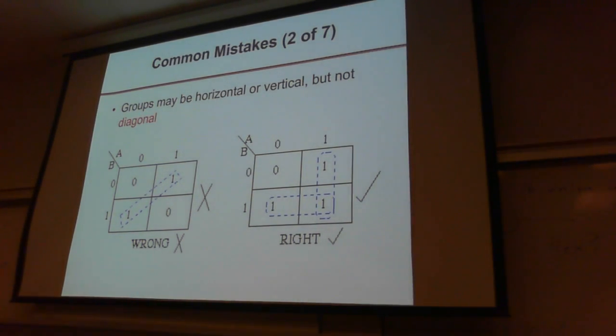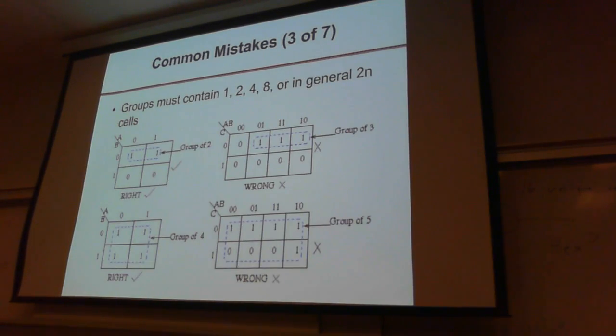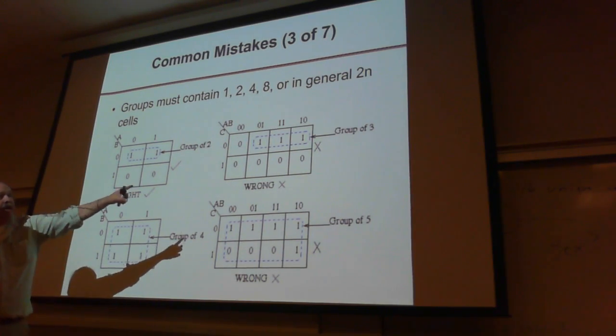So in the game of K-maps, it's vertical and horizontal only, no diagonals. And here's the one we were just talking about earlier, right? 2 to the n, where n is an integer greater than 0. So yeah, you can have a pair, you can have 4. No, you can't have odd numbers.